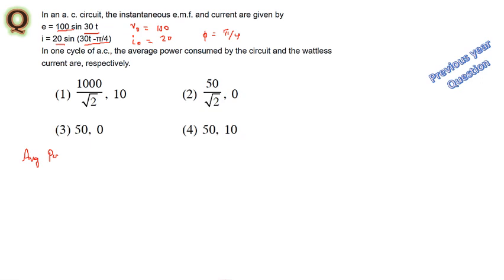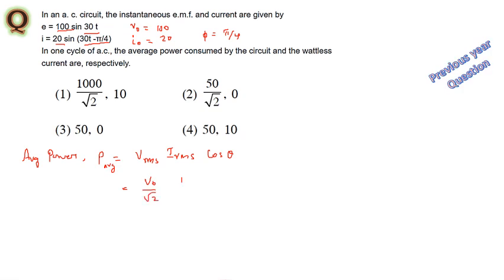The formula is P average equals VRMS times IRMS times cos theta, where theta is the phase difference. VRMS, hope you know, is V naught divided by root 2.